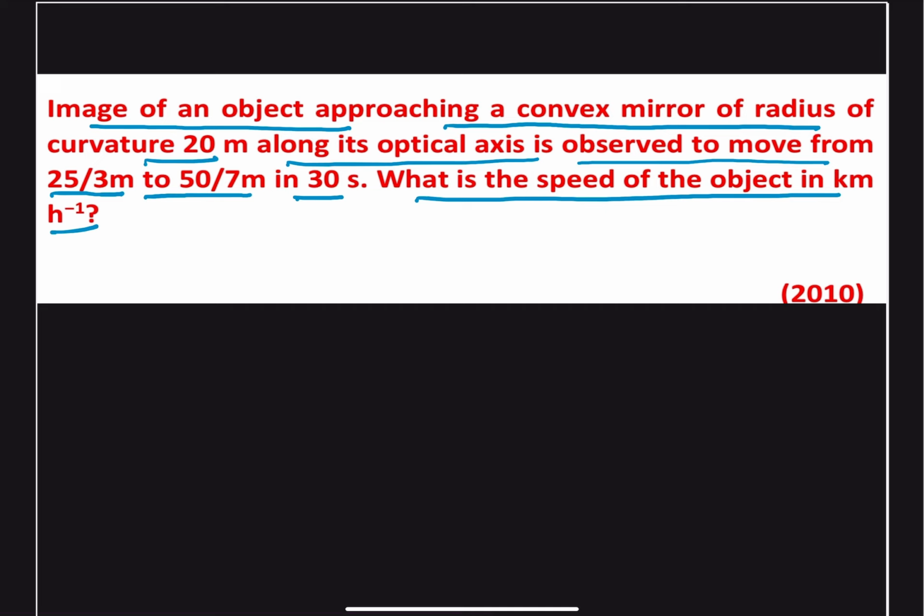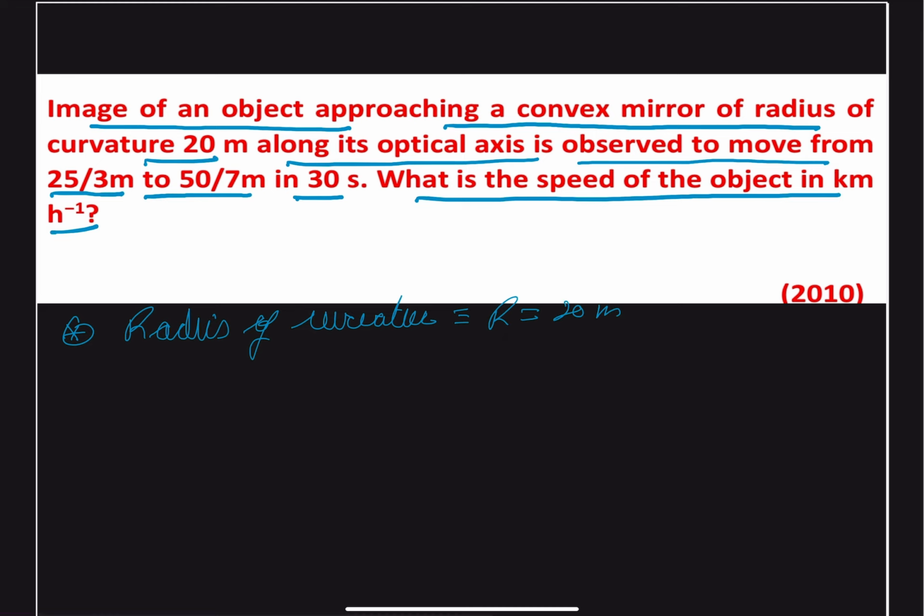So for that, let us write out what are the things given to us. The first thing given is the radius of curvature, that is a capital R, and that will be 20 meters.